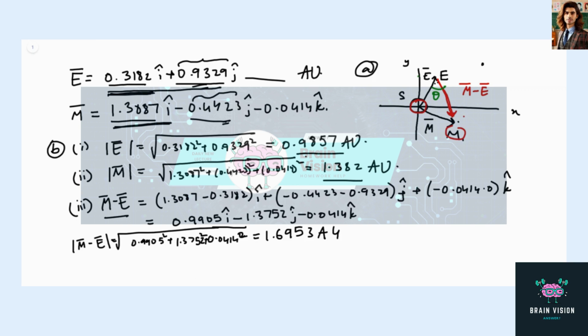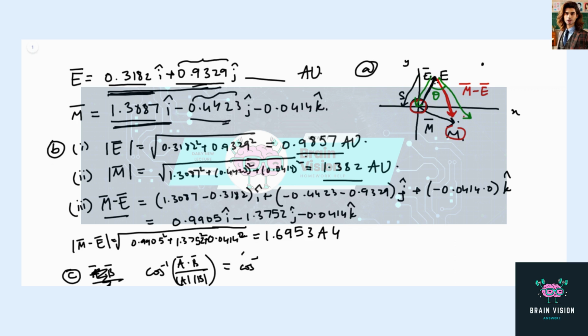Hence, if we take this vector and this vector, we can find their angle using the formula. We know that the angle between vectors A and B is cos inverse of A dot B by mod A mod B. Now we know that this vector is simply minus E because E is like this and minus E is in the opposite direction.